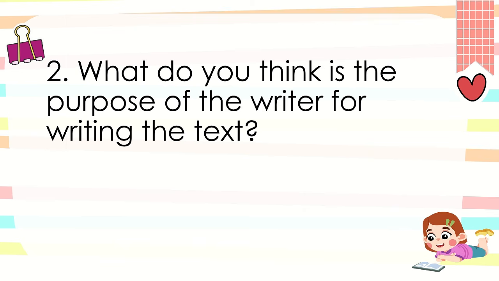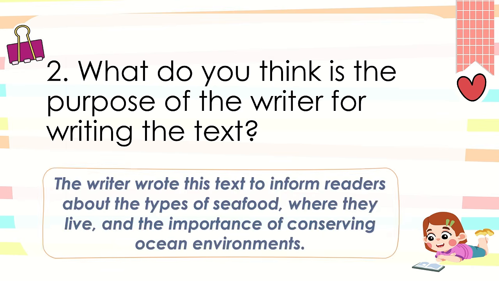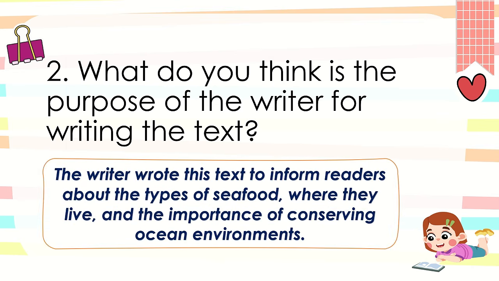What do you think is the purpose of the writer for writing the text? Very good. The writer wrote this text to inform readers about the types of seafood, where they live, and the importance of conserving ocean environments.